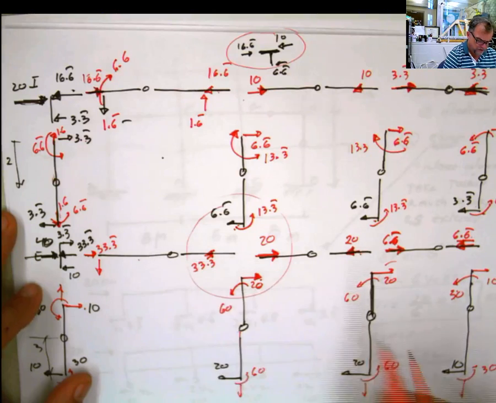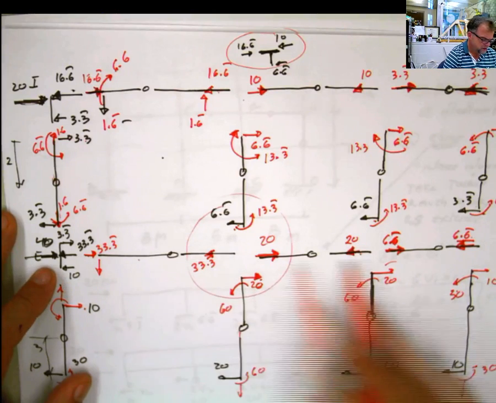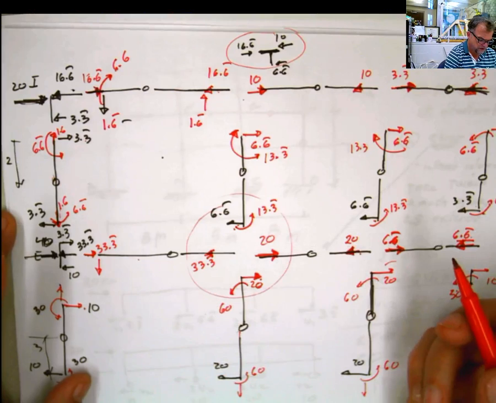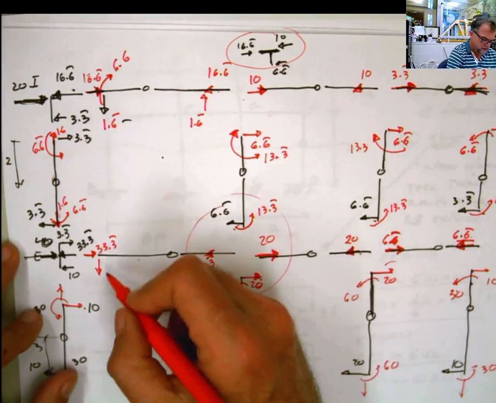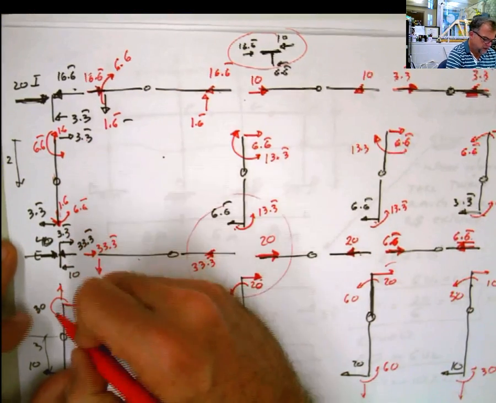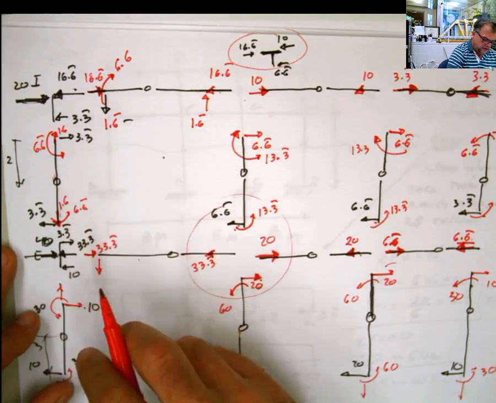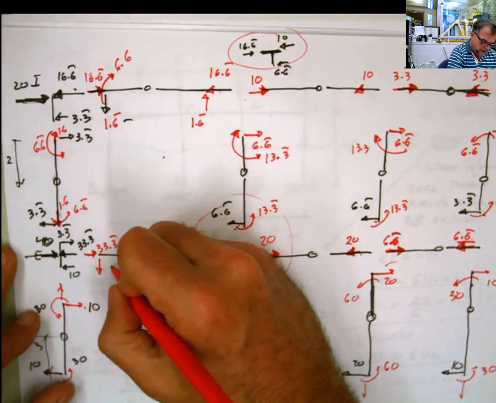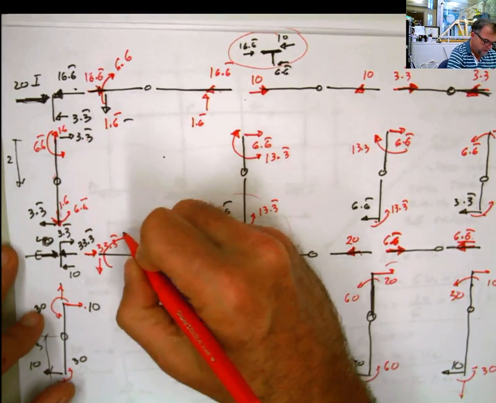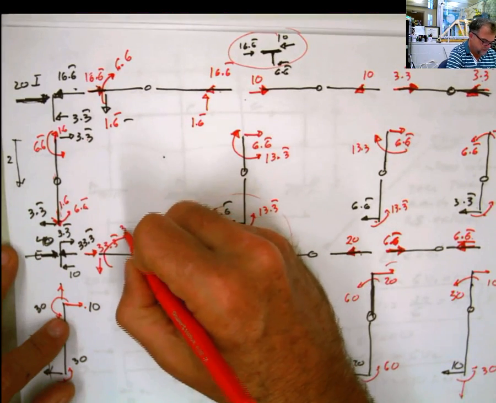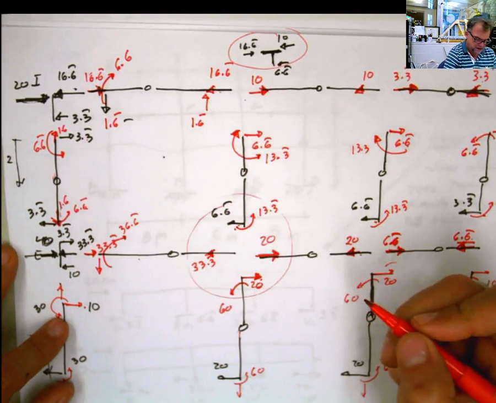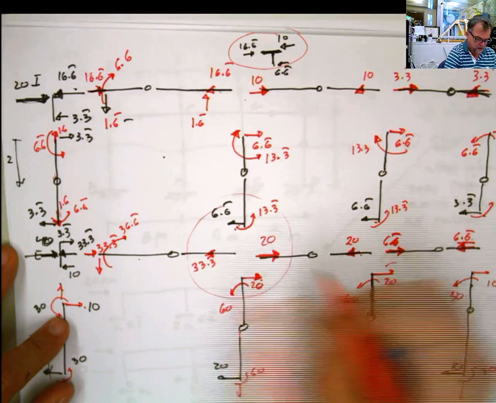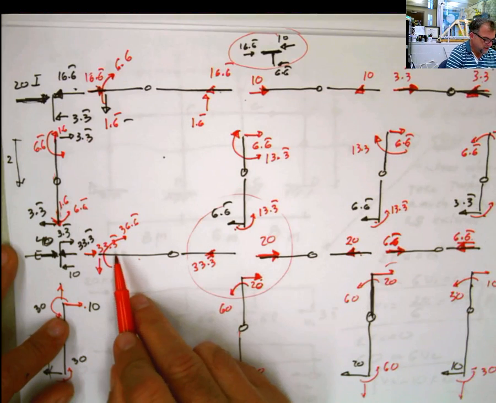Wait a moment, I didn't put my moments in this part. Why didn't I put my moments if I knew how much the moment was? You see? This is 6.6. This is 30. Same direction. I need a moment of 36.6 in this direction. Like that. Now I have that 36.6.